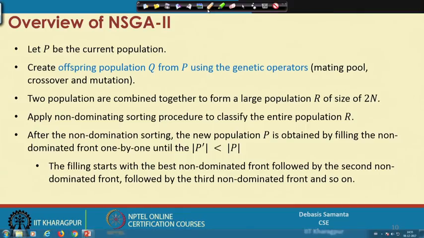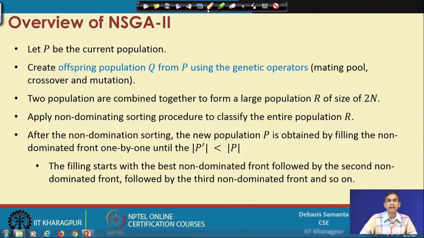Now, let us see the basic steps followed in the NSGA-II algorithm after the calculation of the non-dominated sorting front is known to us. Here is the procedure in a stepwise manner. Let P be the current population, that means the current generation. From the current population P it generates the offspring population Q, and this is basically reproduction.